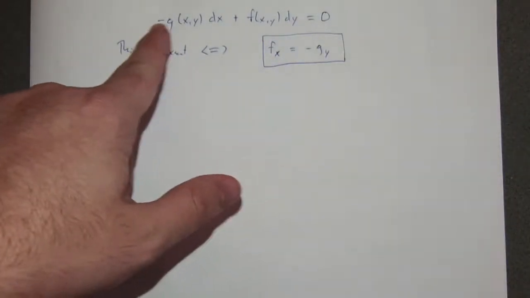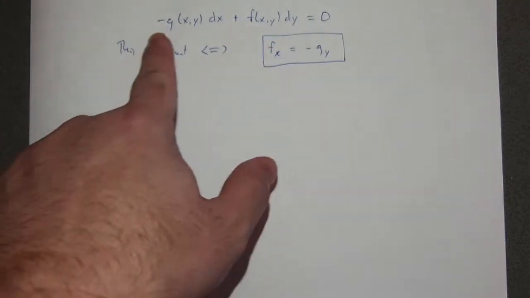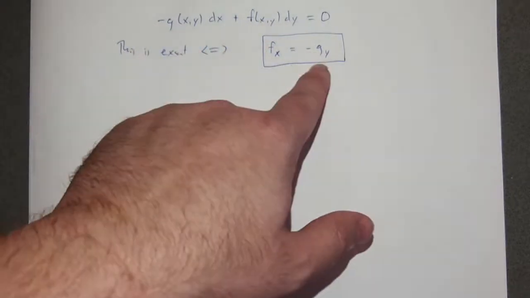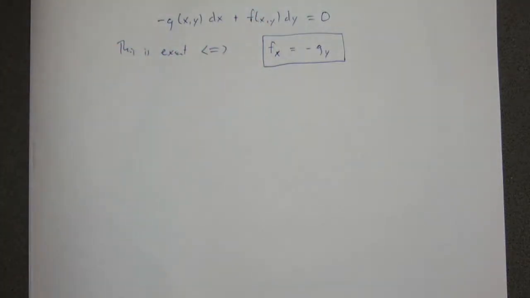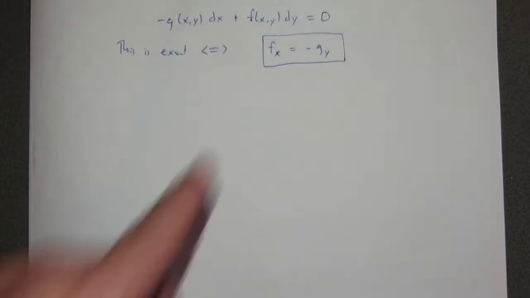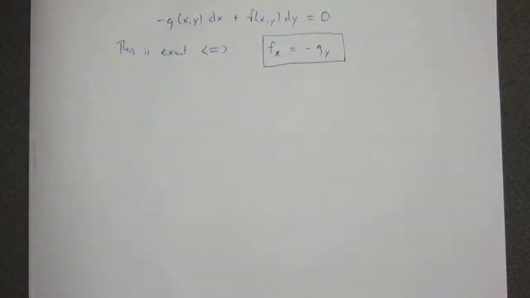That's just me treating that as m, that is n, and taking the y partial of m, which is minus the y partial of g, and this would have to be equal to the x partial of n, which is f. Okay.